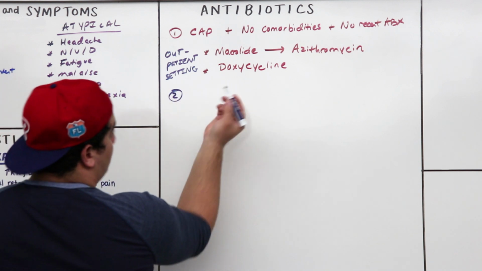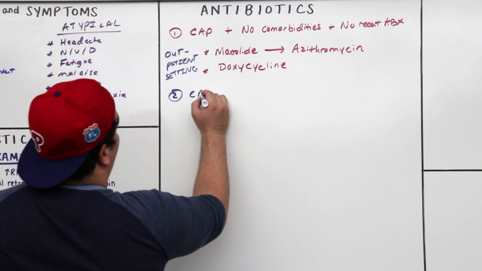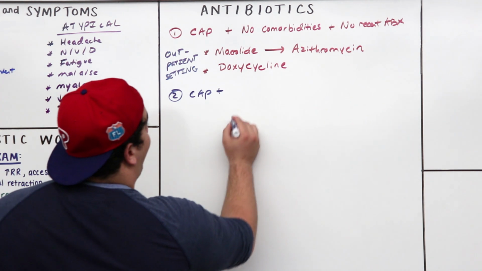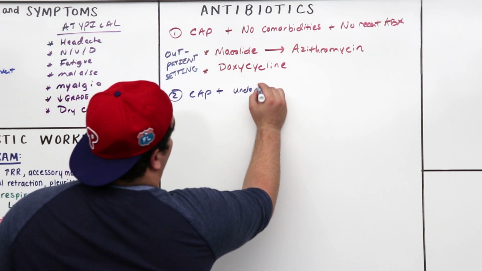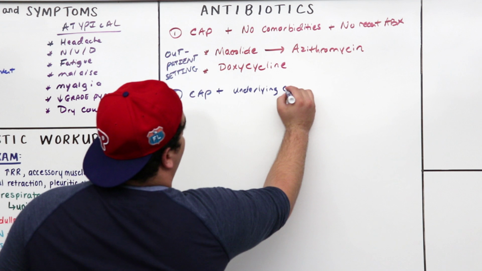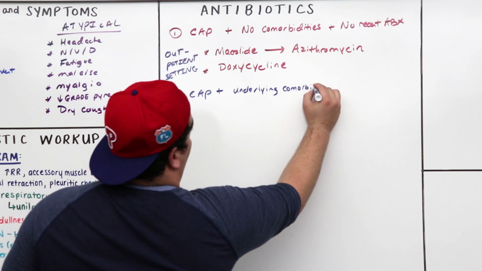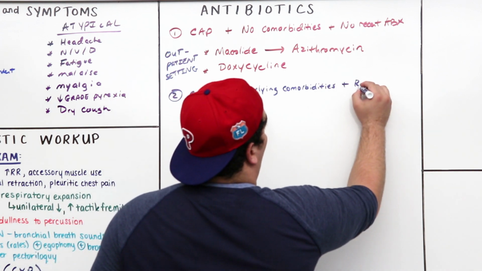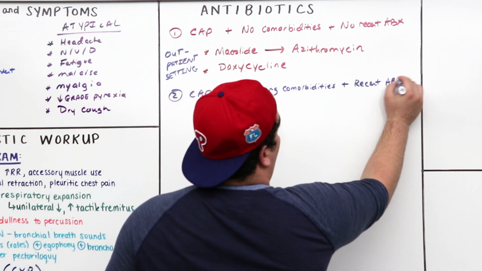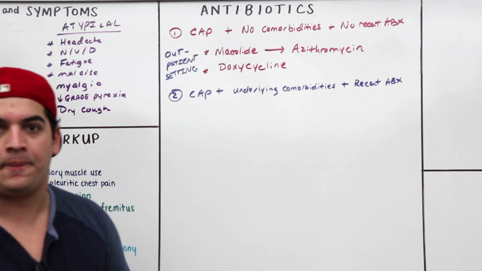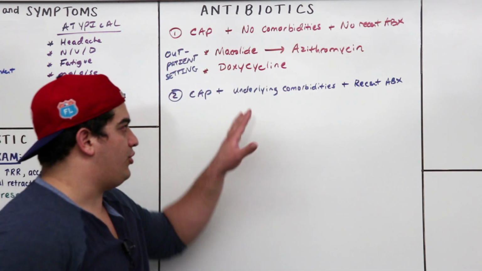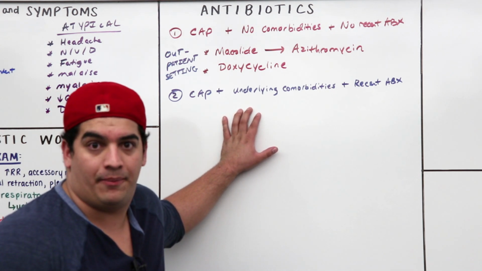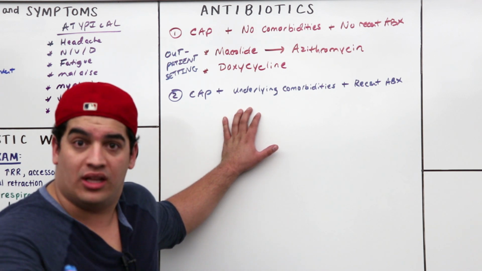Someone comes in, same thing, primary care provider, and you suspect community-acquired pneumonia, but they have some underlying comorbidity, or they've had recent antibiotic therapy within the past 90 days. Now, what are some of these comorbidities that you should be looking into? Pulmonary diseases, for example, COPD, asthma, or liver disease.